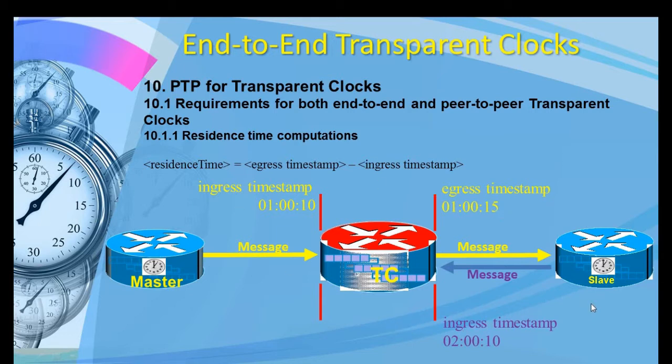In the other direction, if the message sent from the slave side reaches the ingress port on this side, it makes an ingress timestamp. After the message goes out from the transparent clock, it makes another timestamp called the egress timestamp.